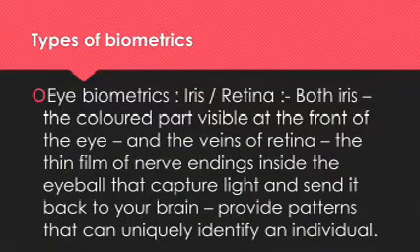The human eye offers two features with excellent properties for identification, both the iris and the retina. They provide patterns that can uniquely identify an individual. Retinal scanning is an intrusive technology and requires the subject to look into a reticle and focus on a visible target while the scan is completed.